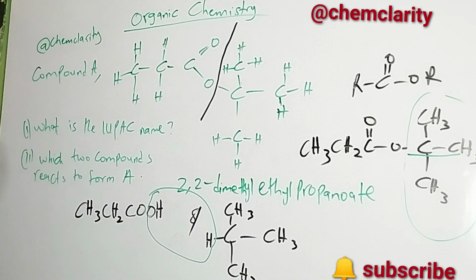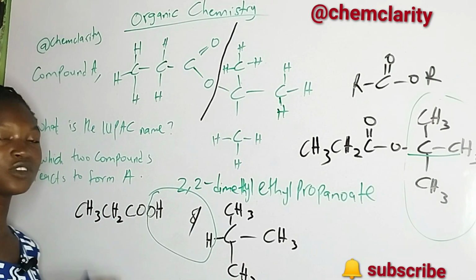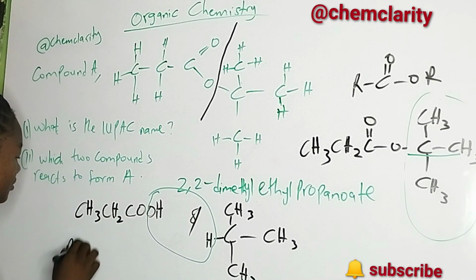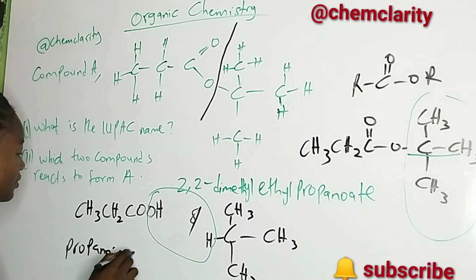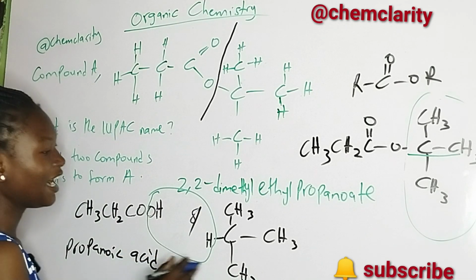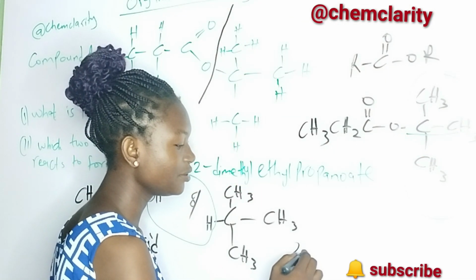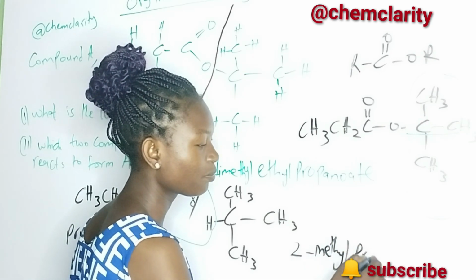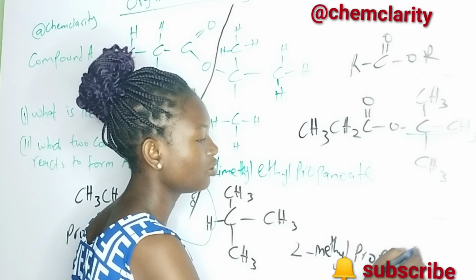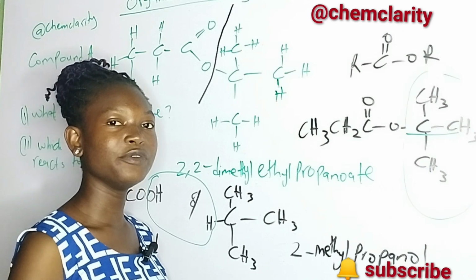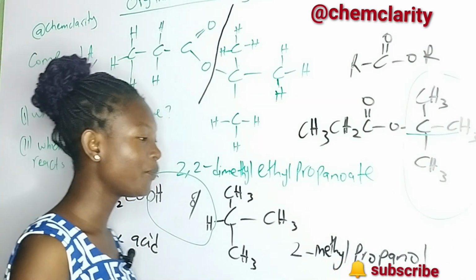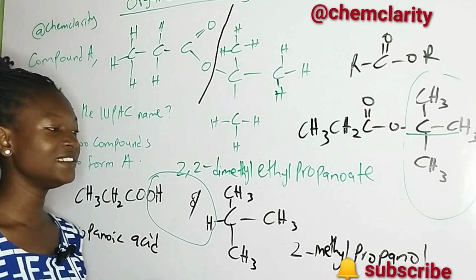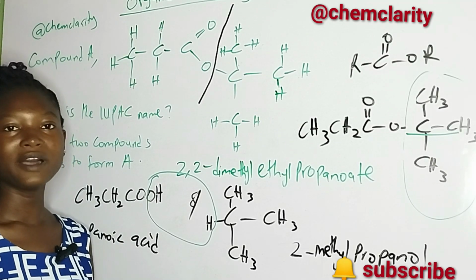That means the two compounds that give compound A are propanoic acid and 2-methyl propanol. 2-methyl propanol, and that's the two compounds that form compound A, propanoic acid and 2-methyl propanol.